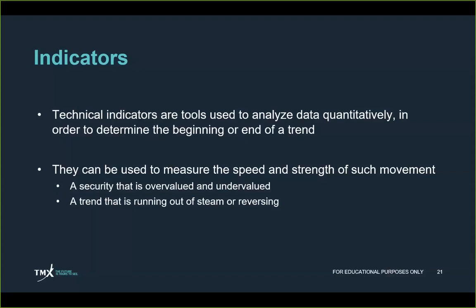I really like the idea of being able to identify overbought or oversold ranges within a price chart, because, just as that last bullet point suggests, it helps us identify when a trend is running out of steam or possibly reversing.